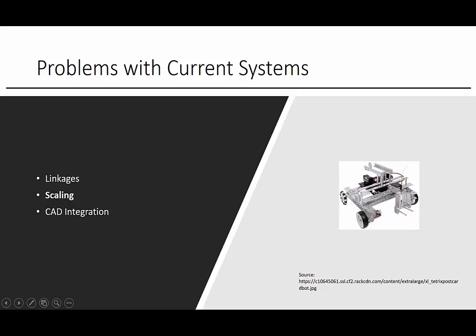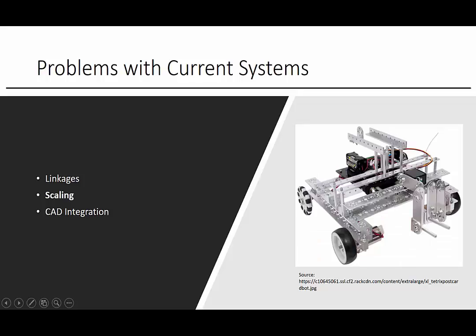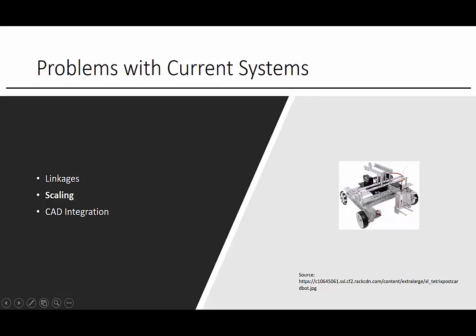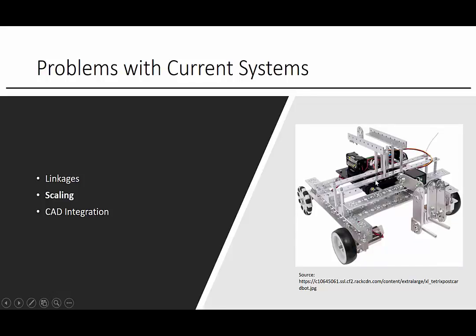Additionally, scaling is a big problem. Sometimes you want to have a big robot, sometimes you want to have a small robot, and it can be difficult to take that mechanism you've made on a small scale or large scale and transfer it over. These linkage plates allow for easy scaling, because they can scale to any size, as well as CAD integration.